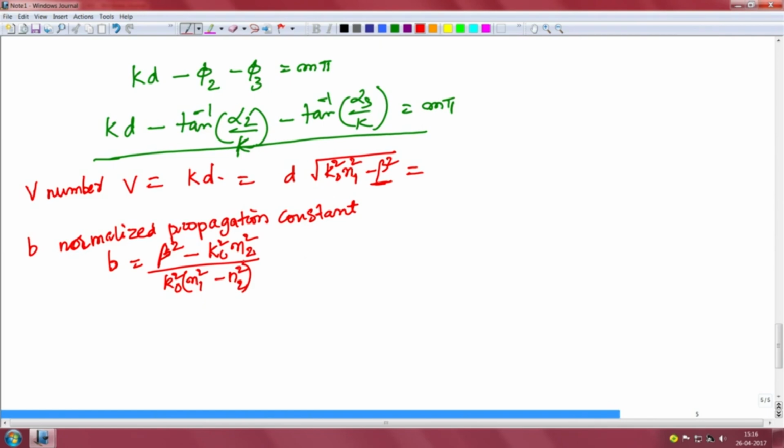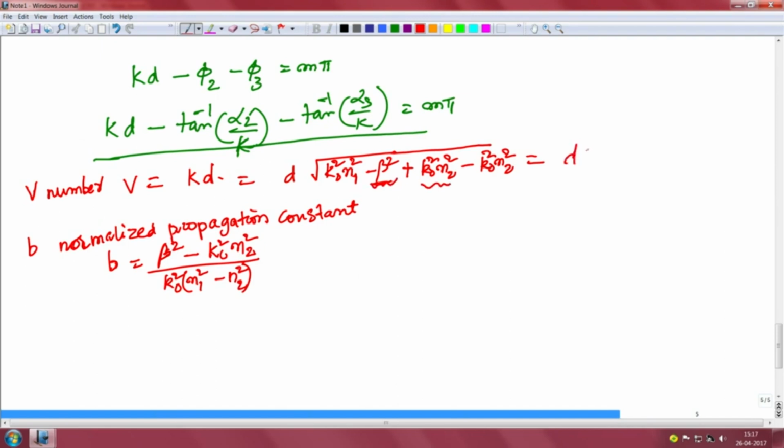But before going further, let us simplify this further to write it in terms of B and n1 square minus n2 square. So, I will add and subtract k0 square n2 square by combining beta square and k0 square n2 square.